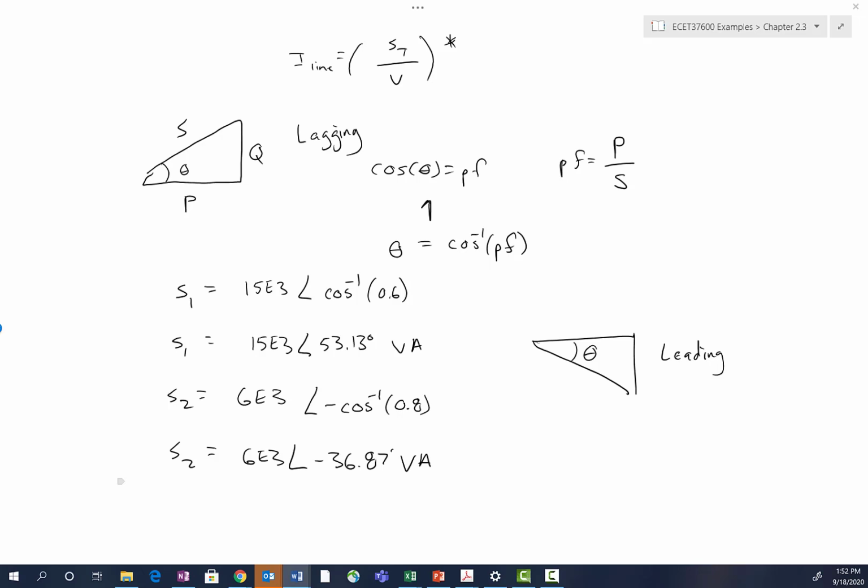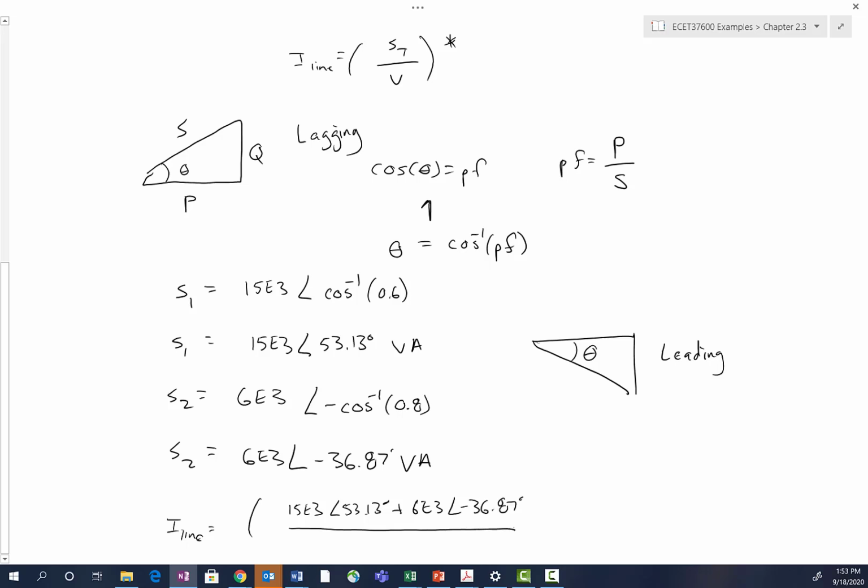So now what we need to do is just determine I line. That's going to be equal to 15 e to the third angle 53.13 degrees plus 6 e to the third angle negative 36.87 degrees. We need to divide that by the voltage, which was 200.